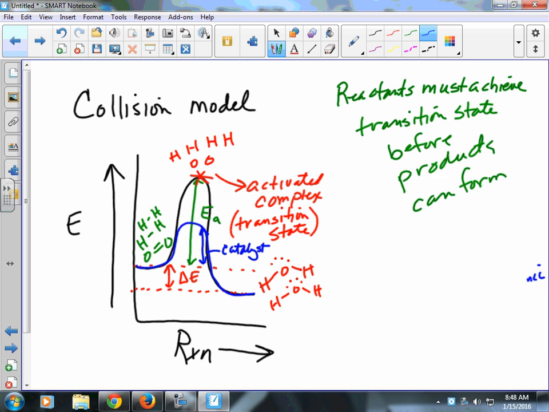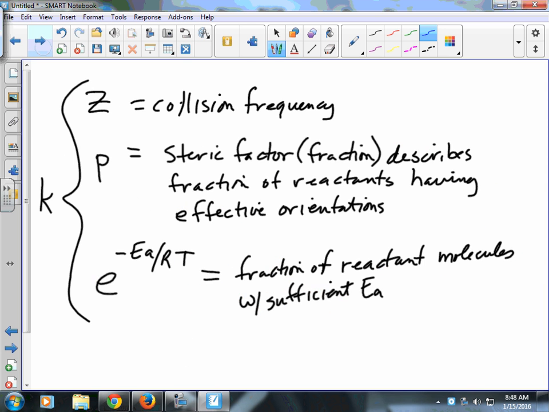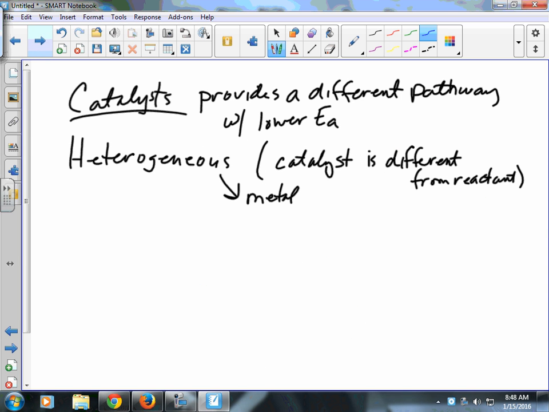Heterogeneous, usually you have something like this. You've got some sort of metal, and it provides a surface area. You have reactant molecules placed onto the surface of the catalyst. That is called adsorption.